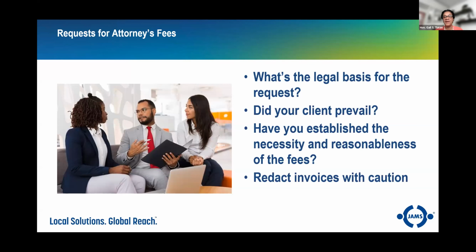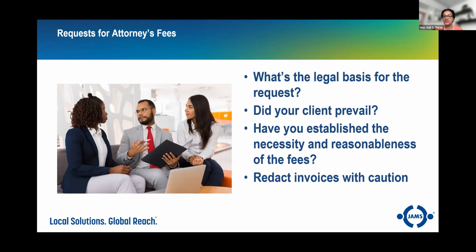And so then you have an issue of making sure that you have provided the arbitrator with the necessary documentation so that the arbitrator can determine whether or not the fees were necessary and reasonable. And I have had instances where the documentation, you get the standard affidavit, what the experience is of the attorney and the rest of the timekeepers, and what the prevailing rate is in the locale where the services were rendered.